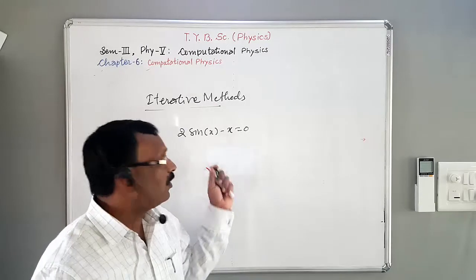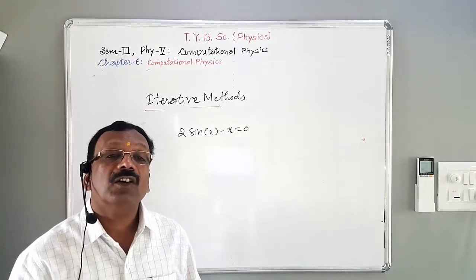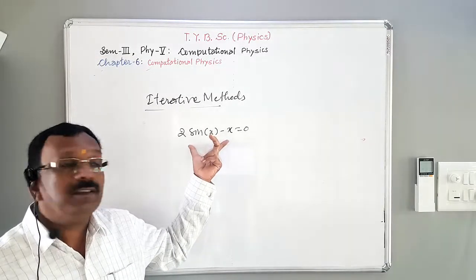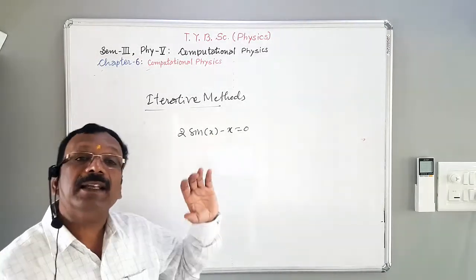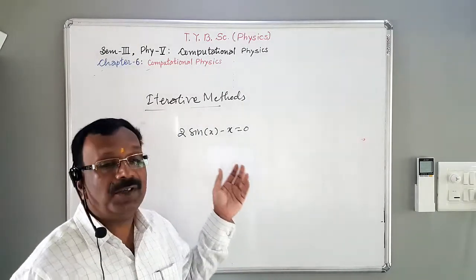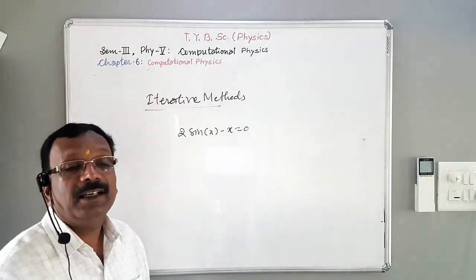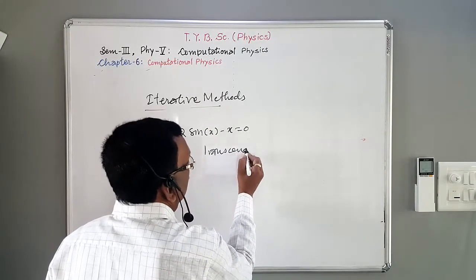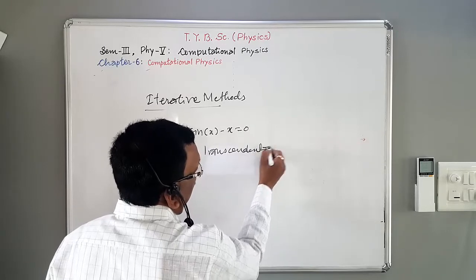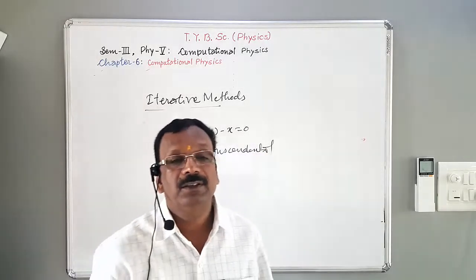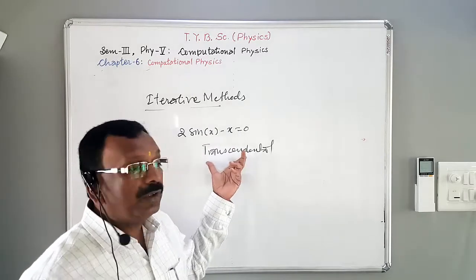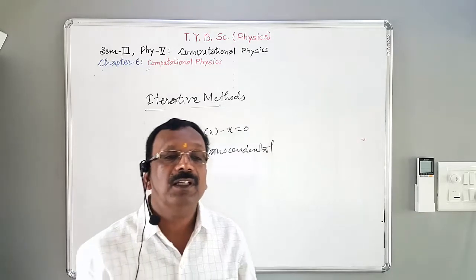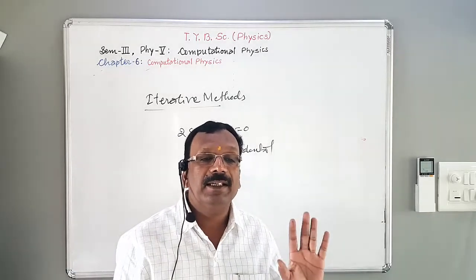Now, this is not a quadratic equation, because we cannot obtain the root of this equation by a direct analytical method, and hence this equation is known as a transcendental equation. The root or solution of this transcendental equation cannot be obtained by a direct analytical method.